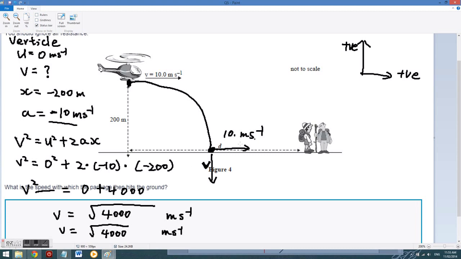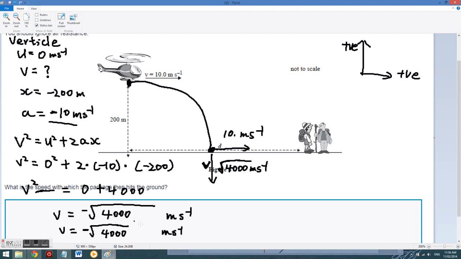Now, it goes downwards, so also put a minus sign there. That's the vertical velocity, but we're looking for the speed.